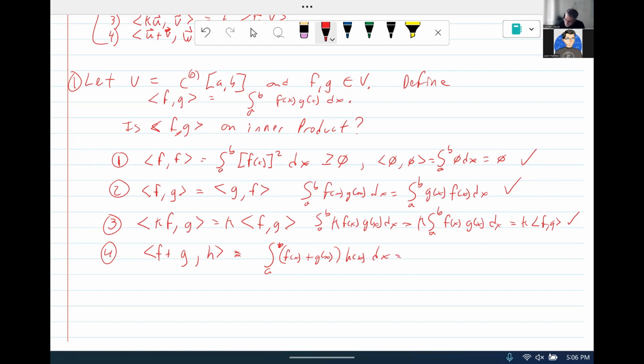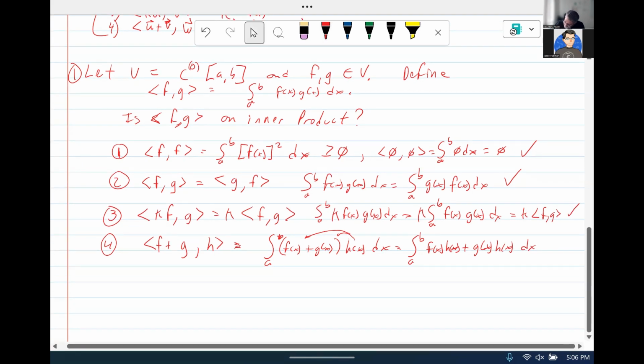So I can distribute that h of x. That's the integral from a to b of f of x h of x plus g of x h of x dx.